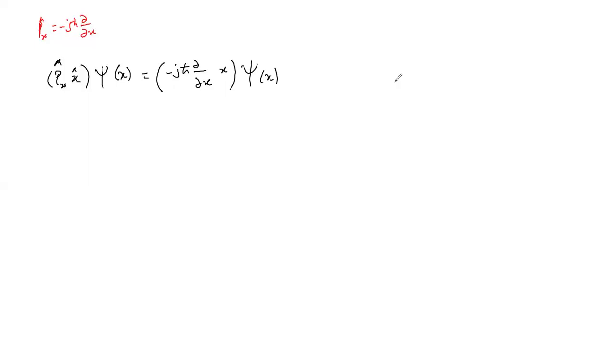So we were also able to show that this is the same as negative j h cross d dx operating on x psi of x. So with the product rule, we could resolve this, right?